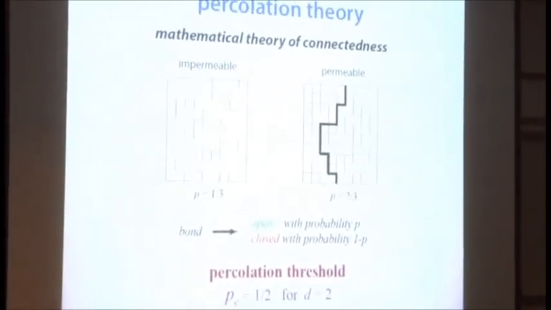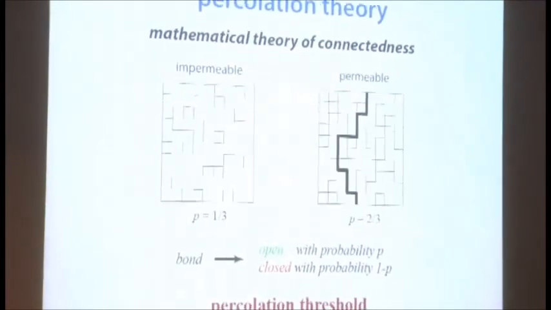So why is the rule of fives true? Fundamentally, this is one of the areas of mathematics that I've worked in a lot, called percolation theory, the mathematical theory of connectedness. You start, say, with a two-dimensional lattice. With probability P, a bond is called open, that's the black ones. About 1/3 of them are filled here. With probability 1 minus P, a bond is closed, that's the blank spaces.